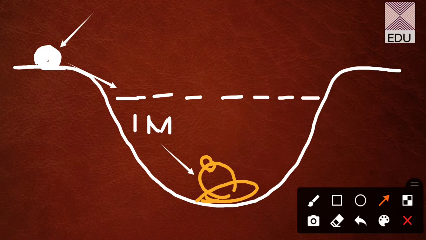That means the life cycle of this miracidium depends upon the presence or the absence of the snail. So if it finds the snail, it will penetrate the shell of the snail with the help of the apical gland secretion, and it will come inside the snail. It will enter the snail.